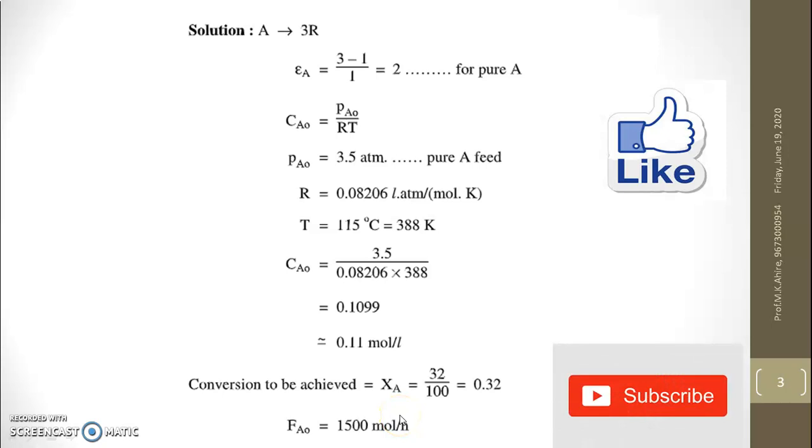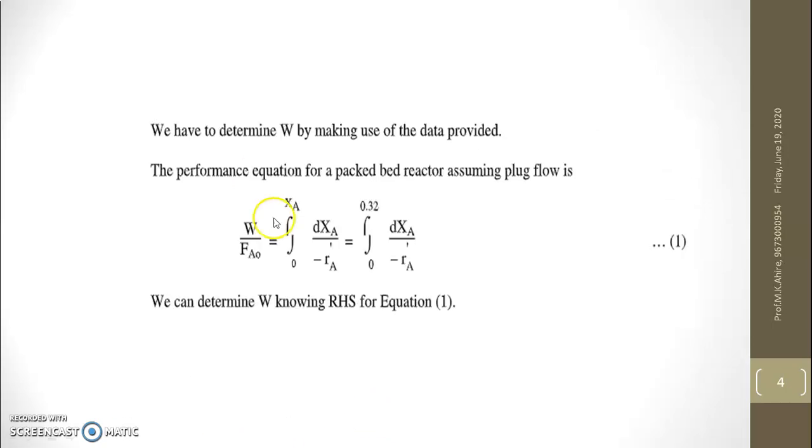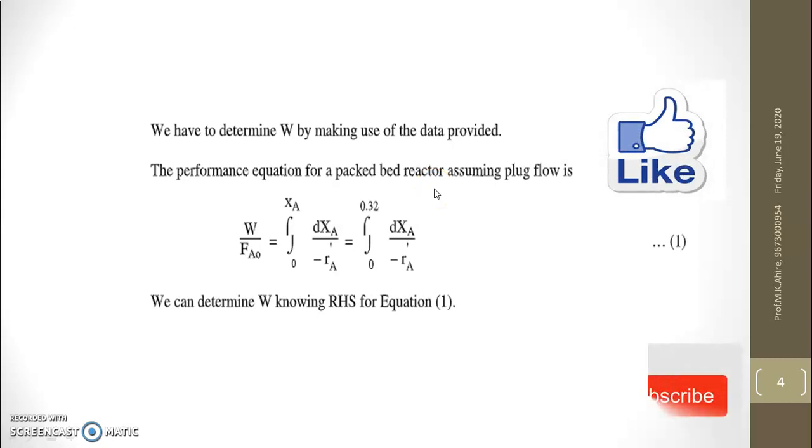Now further, as it is a packed bed reactor, we will assume it as a plug flow reactor. So for a plug flow reactor, this is the equation: W upon FA0 is the integration from 0 to XA of dXA upon minus RA. Here the limit is 0 to 0.32 because your fractional conversion is 32% or 0.32.